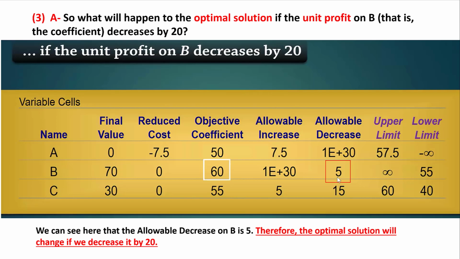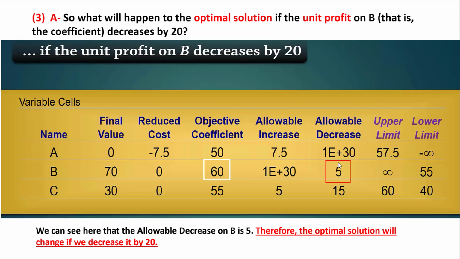So if we decrease B by 20, the optimal solution will change. Why? Because the maximum allowable decrease on B is 5.